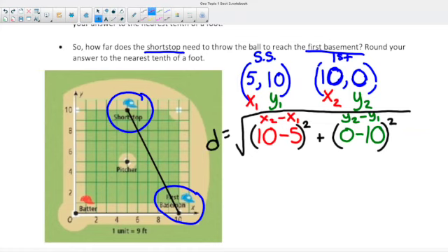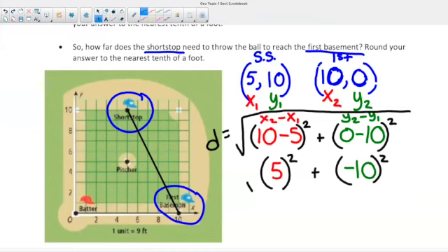Right. 10 minus 5 is 5. 0 minus 10 is negative 10. We are going to square each piece, add them, and take the square root. So at this point, I'm just simplifying this down, and each step will get more simplified. 5 squared is 25.